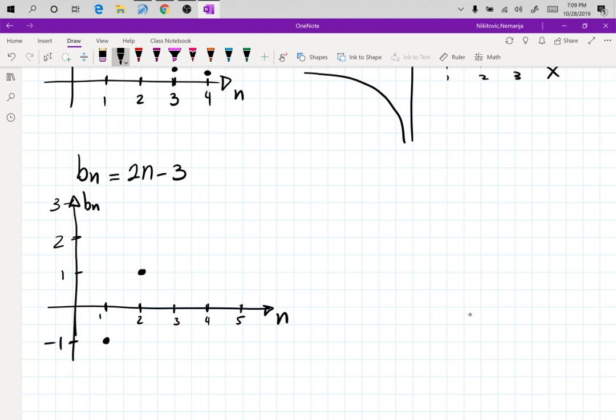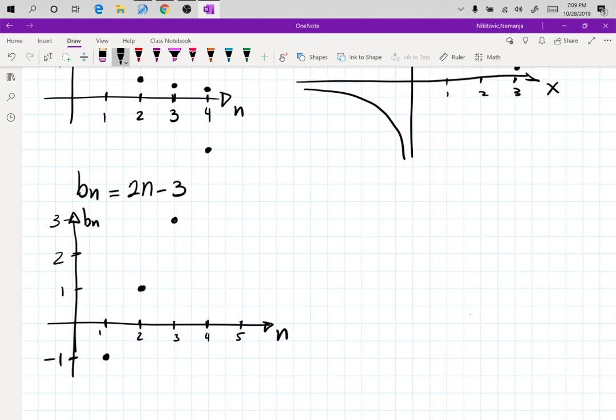Plug in 3, that's 6 minus 3 is 3. 4, 8 minus 3 is 5. Is this good? Right? It's good. Now, what do we see?